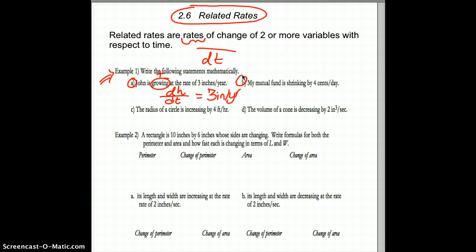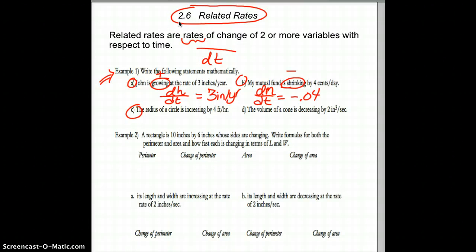Likewise, if my mutual fund is shrinking, meaning going down, I'm going to have a negative rate, and that's money, so I might want to say dM/dt is equal to negative 0.04 cents per day. The radius of a circle is increasing. We're going to have a lot of geometry problems with this, with cones and spheres and stuff like that that's changing.